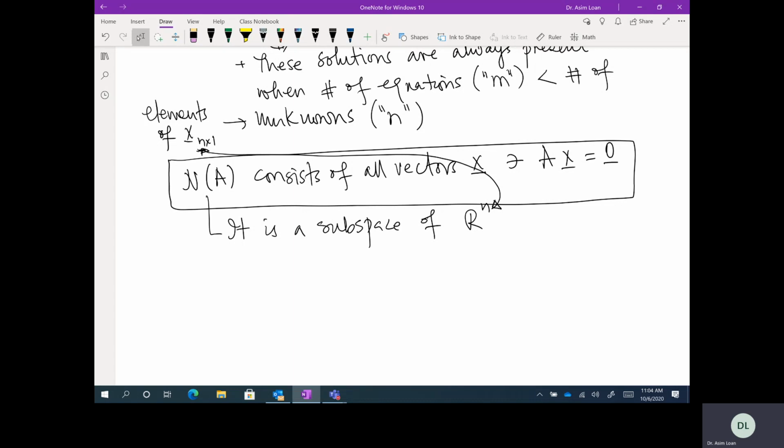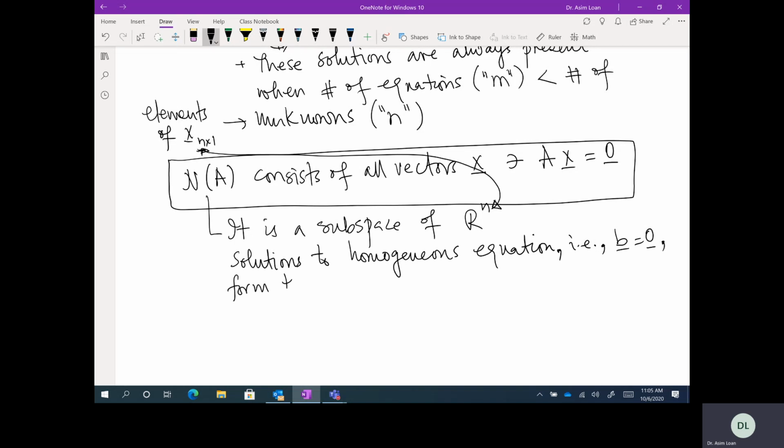These are the solutions to the homogeneous equations, that is, for B equal to 0. Solutions to homogeneous equations, B equal to 0, form the subspace.